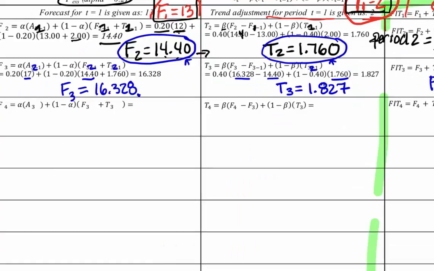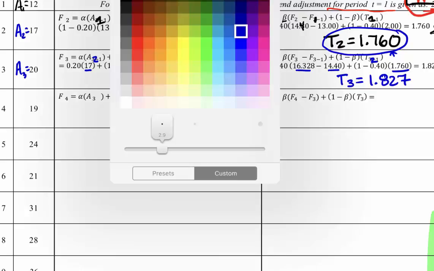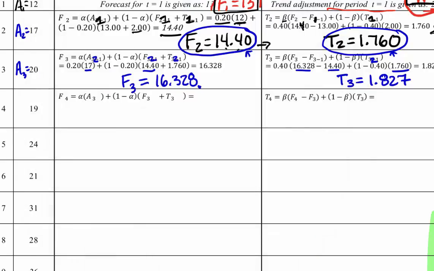So now let's go ahead down here to this next row. We're going to work on row number 4. So first let's just note that A of 4 is equal to 19, because we're going to need that. And this one we don't have all the numbers plugged in, so we'll go ahead and plug those in. We're looking for f of 4, which is going to equal alpha times A of 3, so alpha is 0.2, and our A of 3 is right here.